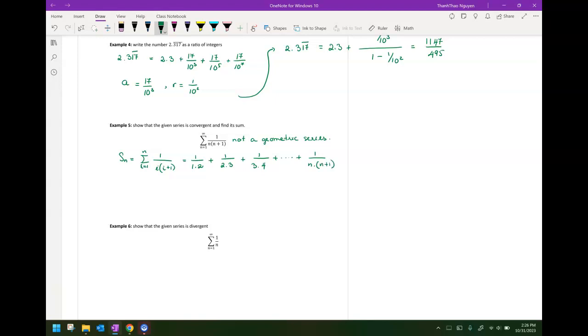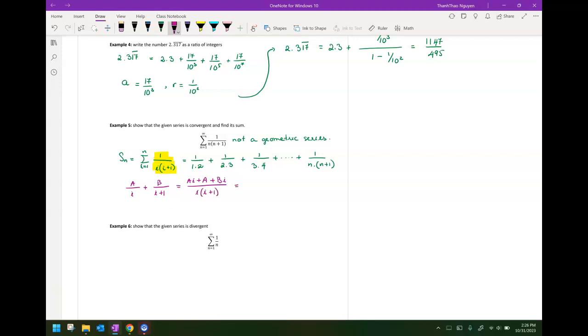Okay. So let's go ahead and simplify this expression. Now let's take a look at the left hand side. I want to rewrite this using partial fractions. I can have a divided by i plus b divided by i plus 1. This means ai plus a plus bi over i times i plus 1.